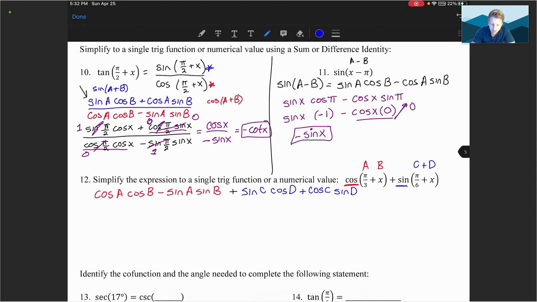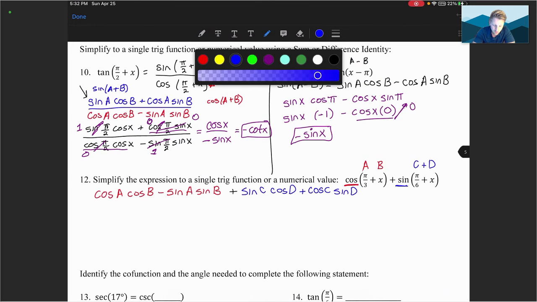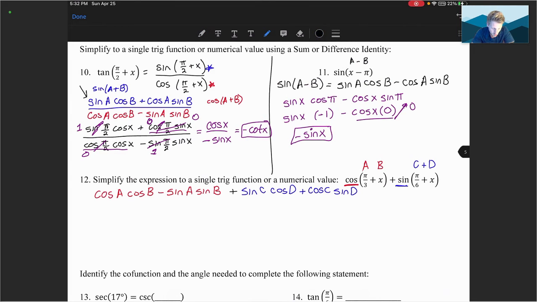All right, now it's time to put our angles into practice here. So our A angle, notice, is pi over 3. So we're going to do cosine pi over 3. Then we'll have cosine of x minus the sine of A, sine of pi over 3.